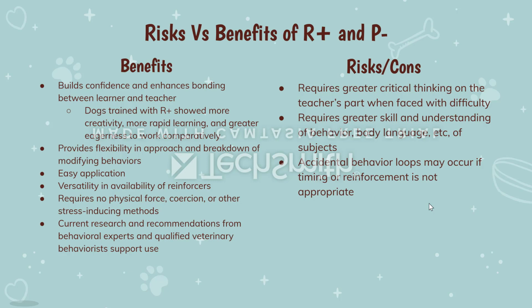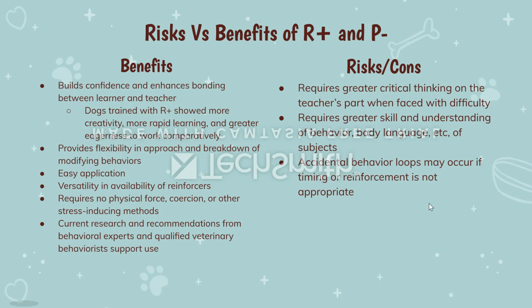So these guys that have been trained with positive reinforcement in studies have shown more creativity in their problem solving, more rapid learning, and a greater eagerness to work compared to dogs that have been trained using positive punishment and negative reinforcement. It also provides flexibility in your approach and your breakdown and modifying behaviors, because when we're working in these quadrants actively, we should be looking at: Okay, the dog was not successful, or this happened that I didn't want to happen.